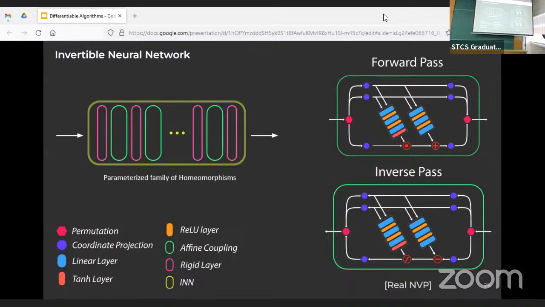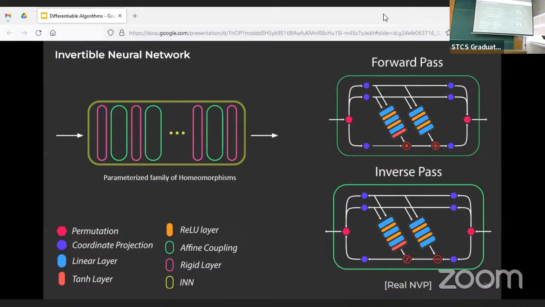We divide it into 2 parts, the upper partition and the lower partition. The upper coordinates are passed through identity, so as they are, they are sent as output. And the lower one is modified based on the upper values, which are passed through a function to predict a scaling factor and a translation factor.